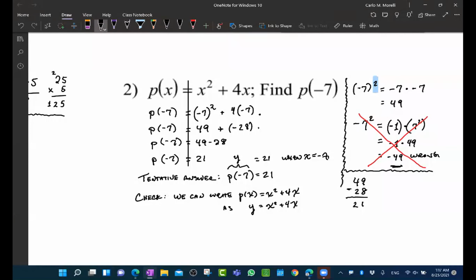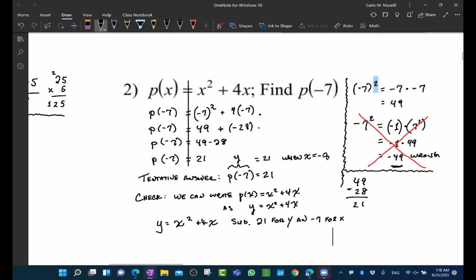So we're going to check that. So we'll write out y equals x squared plus 4x. And we're going to substitute in 21 for y and -7 for x.